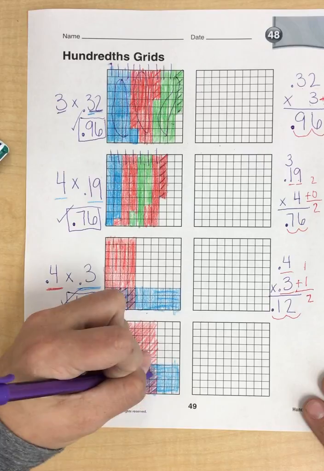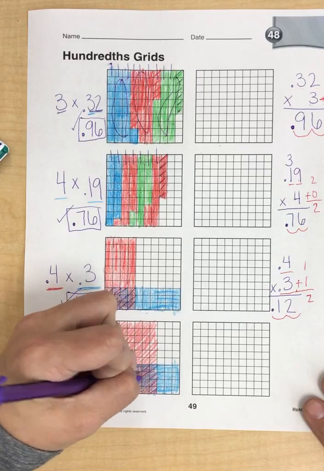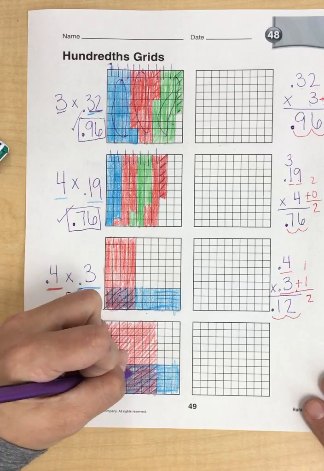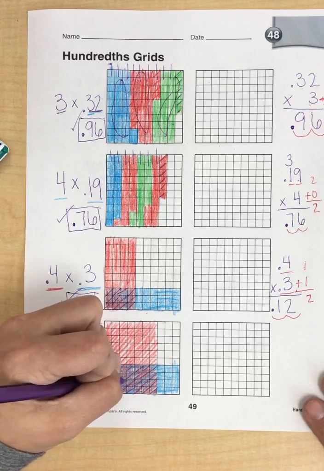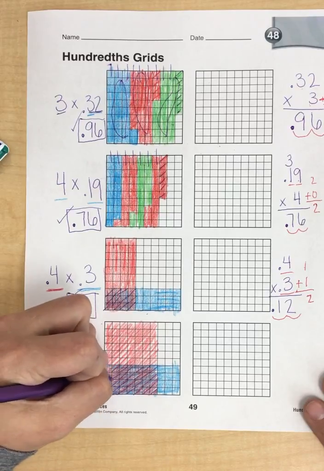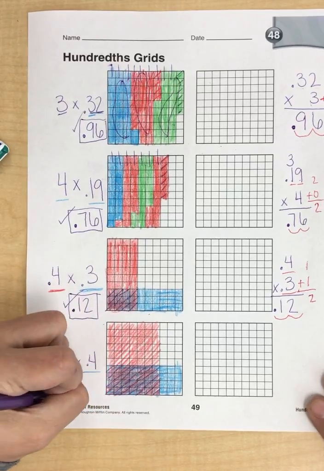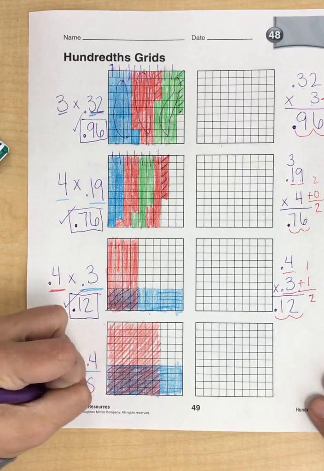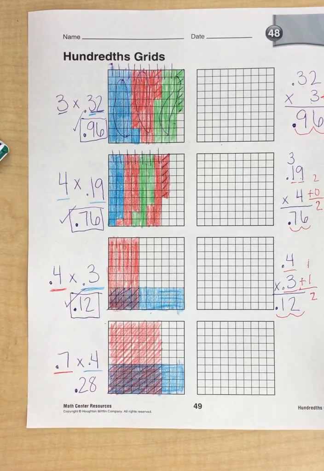So 1, 2, 3, 4, 5, 6, 7, 8, 9, 10, 11, 12, 13, 14, 15, 16, 17, 18, 19, 20, 21, 22, 23, 24, 25, 26, 27, 28. So my product of 7/10 times 4/10 is 28 hundredths.